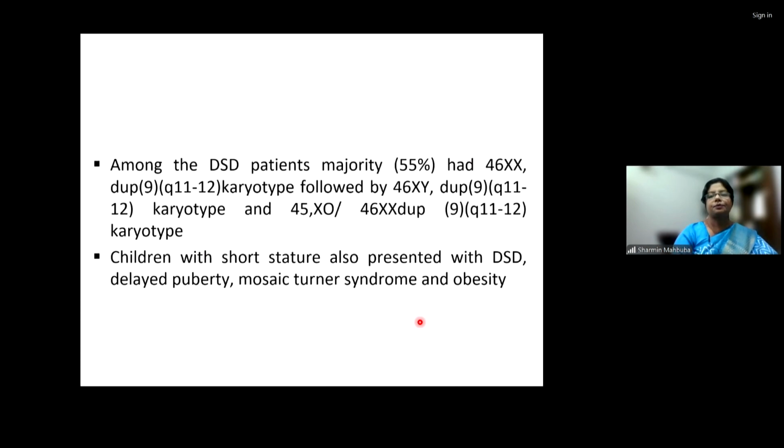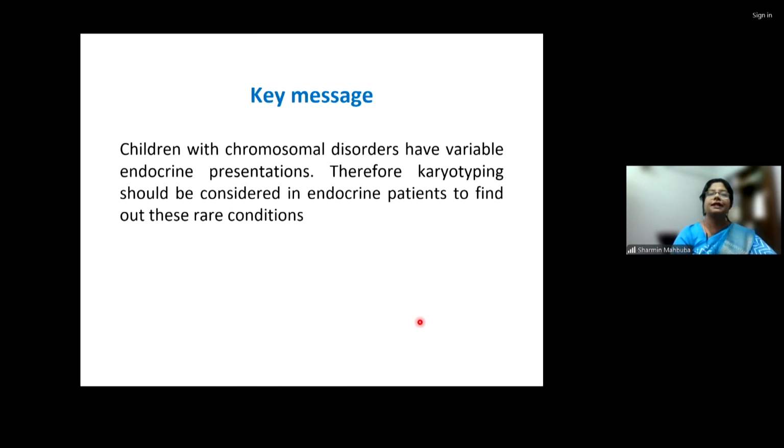Children with short stature also presented with DSD, delayed puberty, mosaic Turner, and obesity. So the key message is children with chromosomal disorders have variable endocrine presentations. Therefore, karyotyping should be considered in endocrine patients to find out these rare conditions.